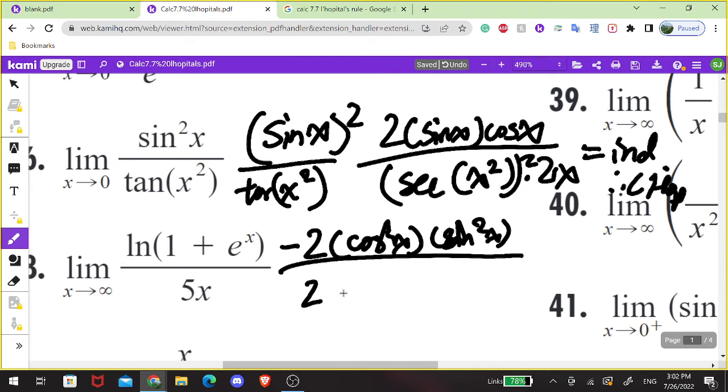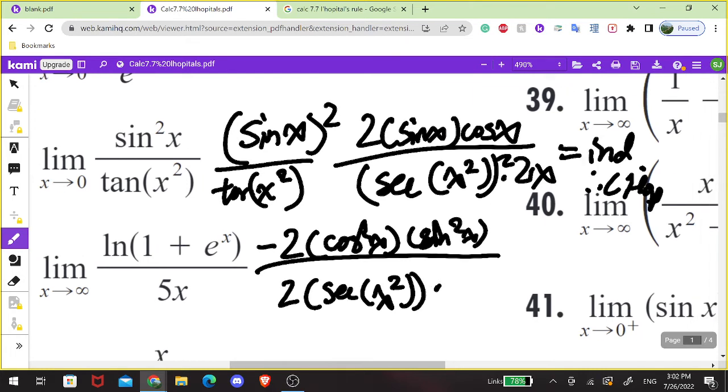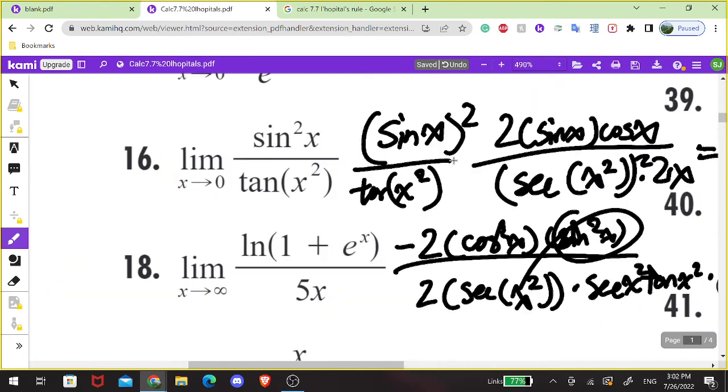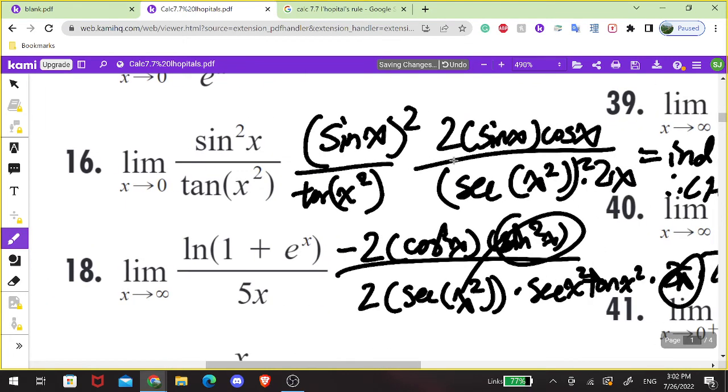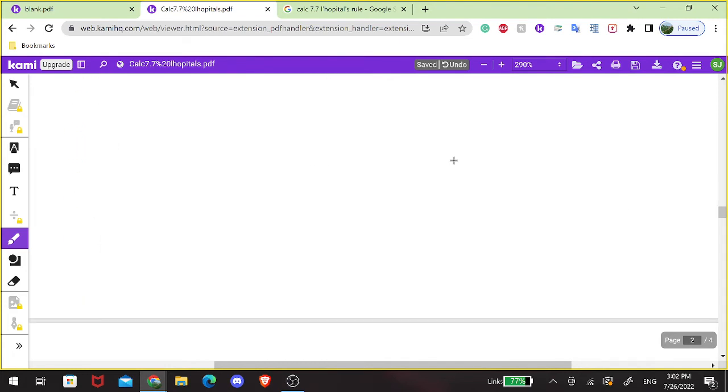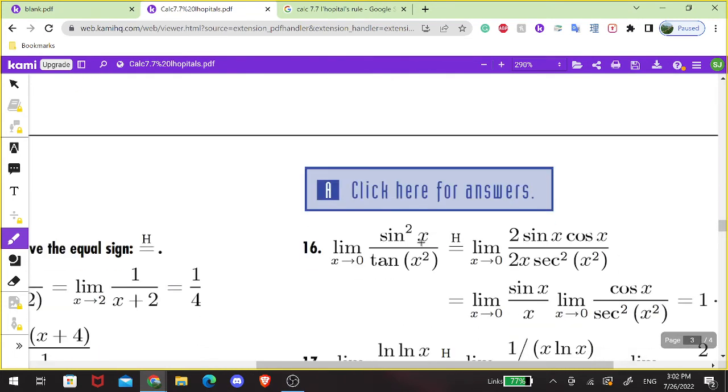Okay, so this will be 2 secant x squared times the derivative of secant, which is secant x tan x, and it'll be x squared for all of these, times 2x times 2. Plug 0 in is 0. Plug that in is also 0. So now in this case, we most likely did something wrong. So let me go down and check the answers. No way, I should not be doing something wrong.